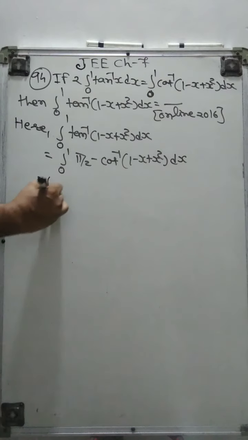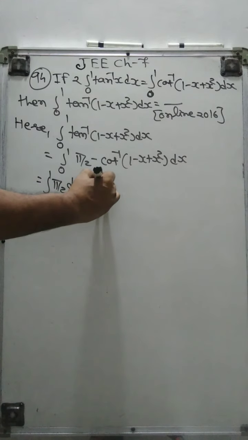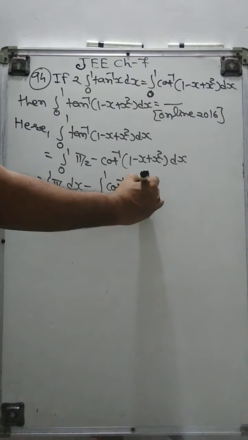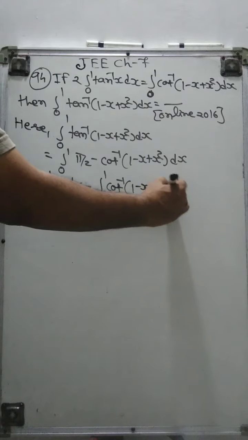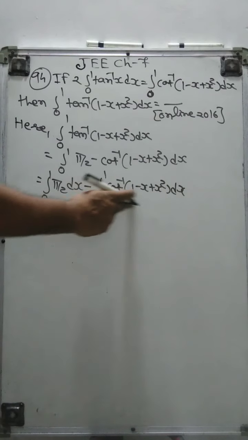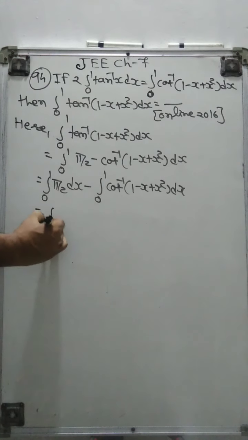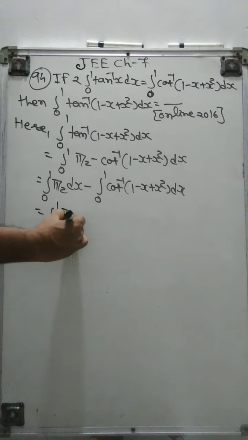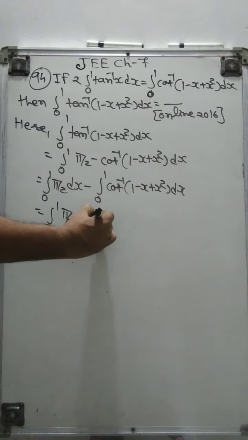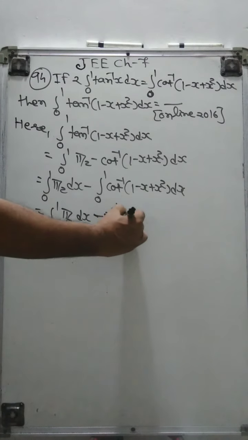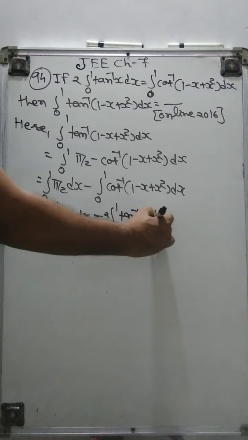We separate this integration, minus integration 0 to 1 cot inverse 1 minus x plus x square dx. Now it is given that this is equal to 2 tan inverse x dx. So we put integration 0 to 1 pi by 2 dx minus 2 integration 0 to 1 tan inverse x dx.